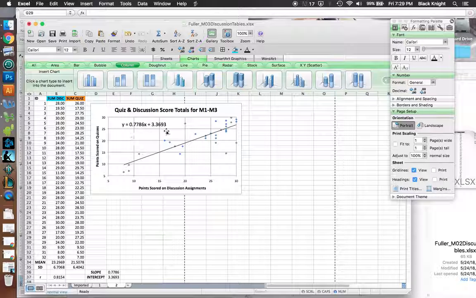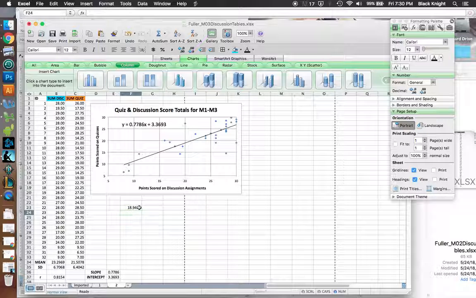With this trend line equation here, we can say that if you had a score of, let's say, 20 or so on the discussion assignments, you just go 0.776 times 20 plus 3.3693, and that would approximate your score on a quiz.